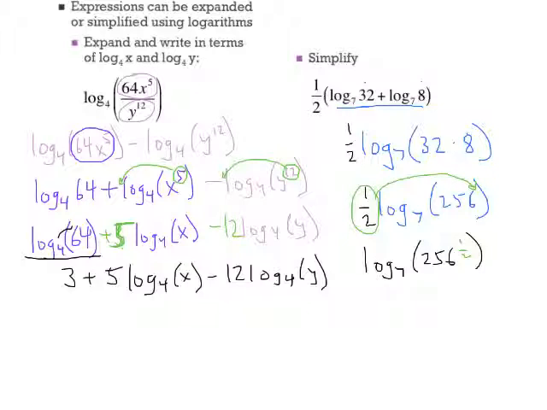Let me check if that works out nicely. Square root of 256, yeah, that's 16. And so that expression at the very beginning, which is kind of annoying to try to type into a calculator with all the log base 7s in there, is the same thing as this much easier expression to look at, log base 7 of 16, the square root of 256.